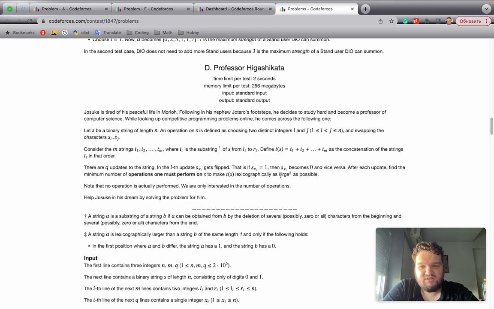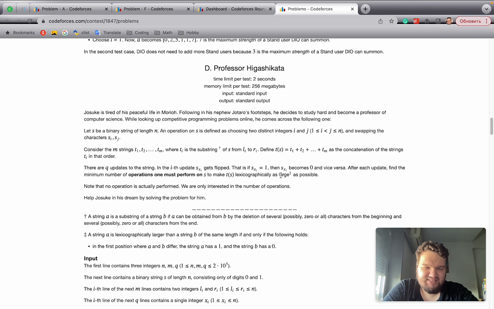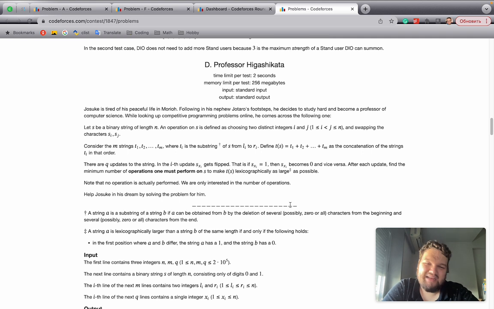Problem D, it's fine. Not great, but it's more or less natural, and it is split into two completely independent problems. That is kind of nice, but it is not unexpected for such kind of problem.